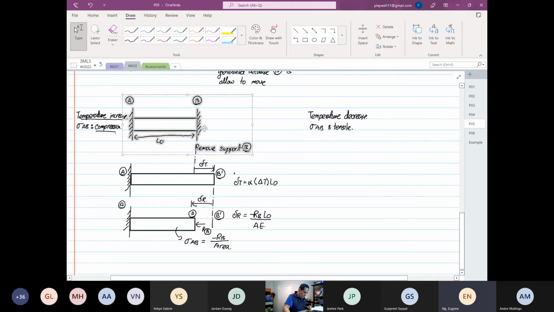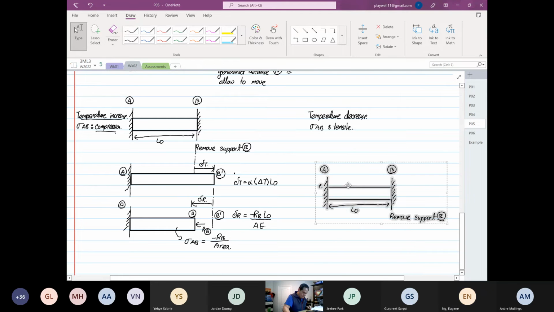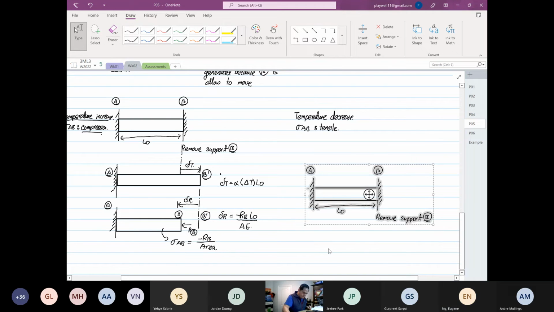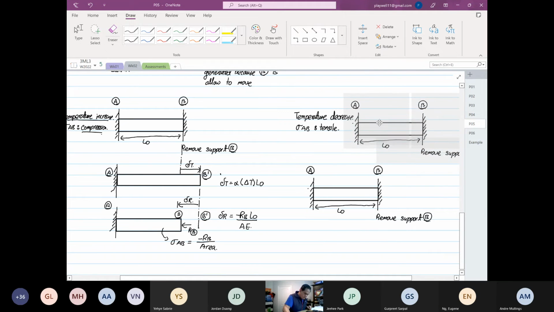Remove the support at B as you go, do the same. Now we have this.